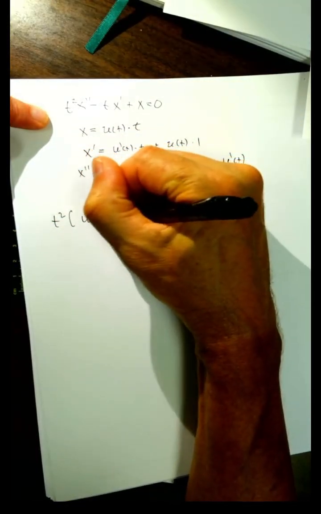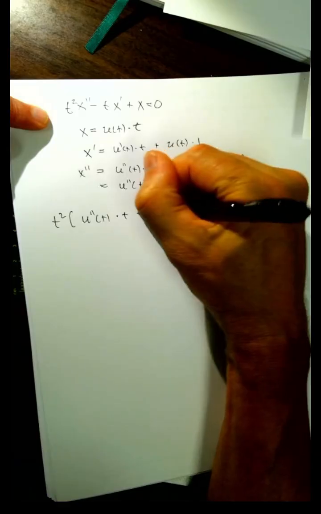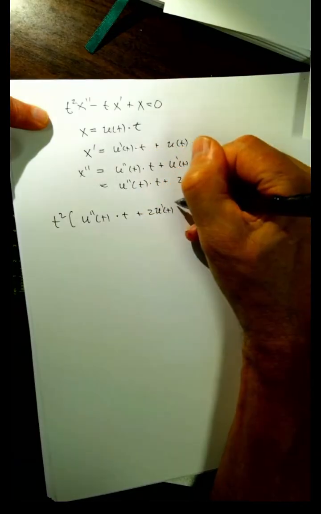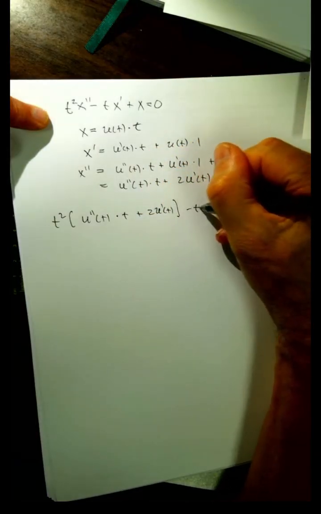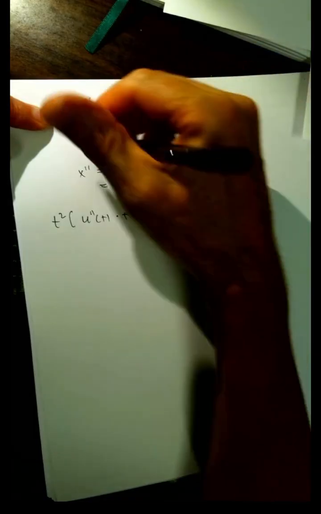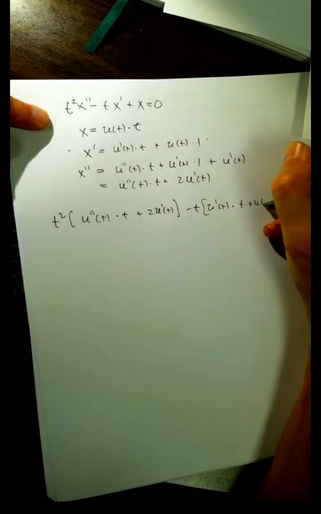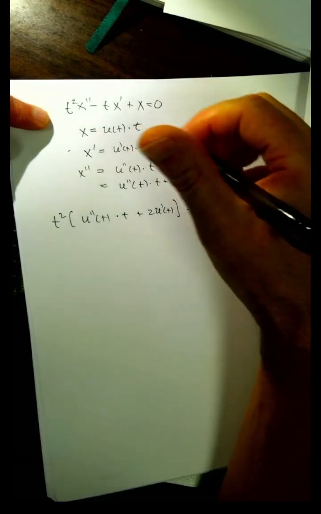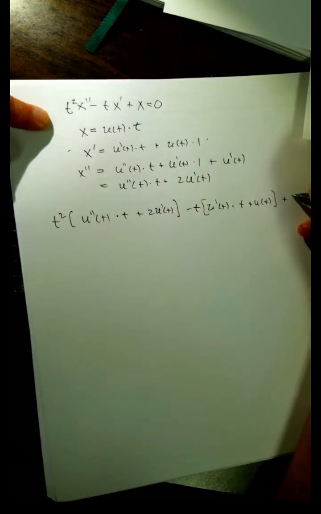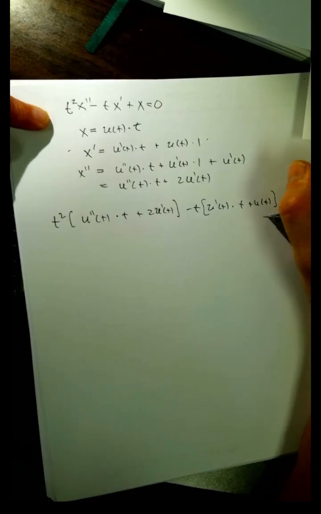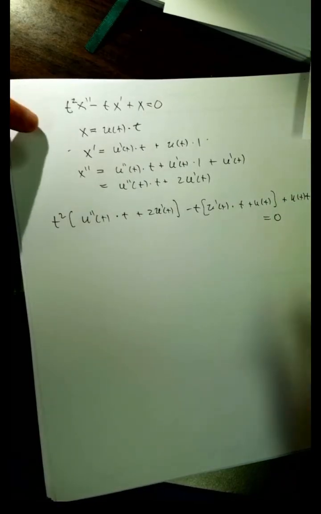It becomes u double prime times t plus 2 u prime, minus t times x prime. So I'm going to use this line. It becomes u prime times t plus u of t. Finally, plus x is u of t times t, and I want that to be 0.